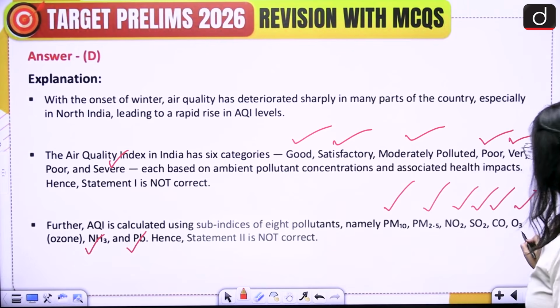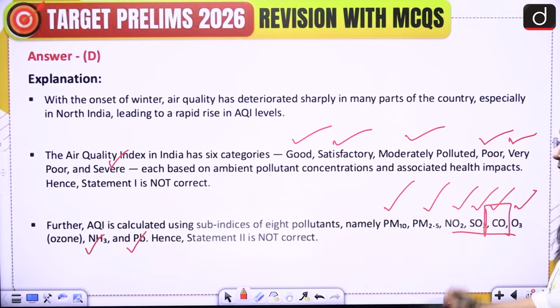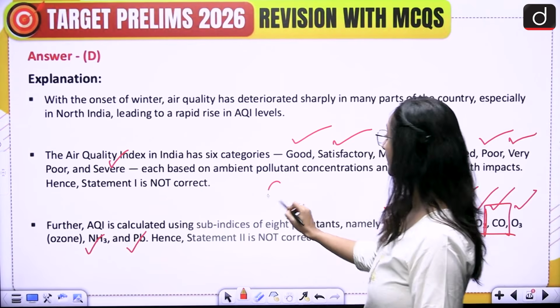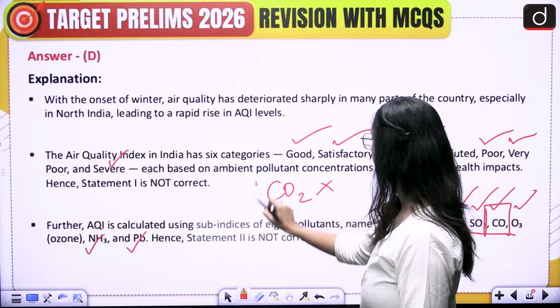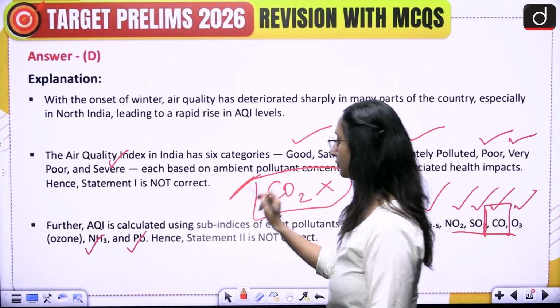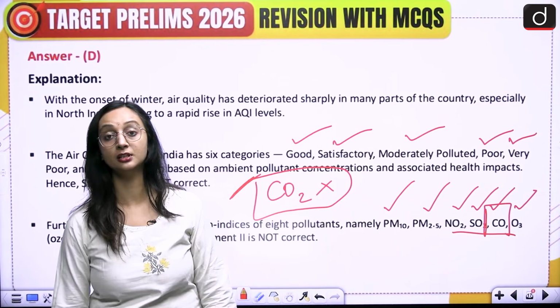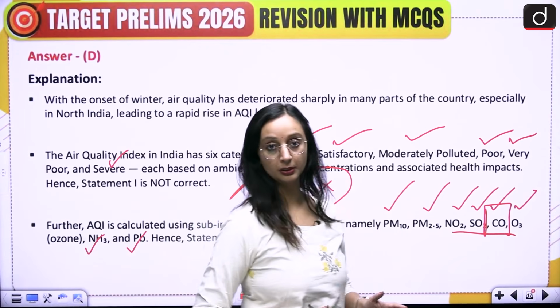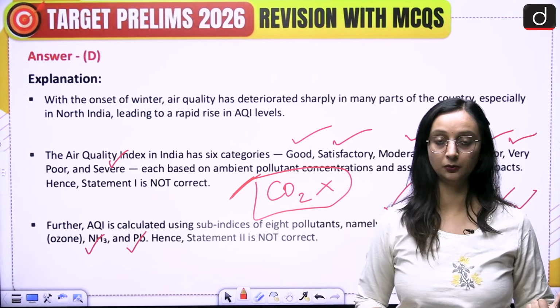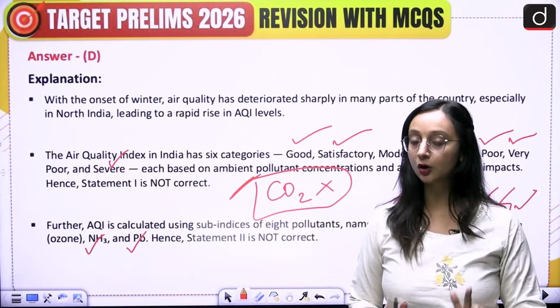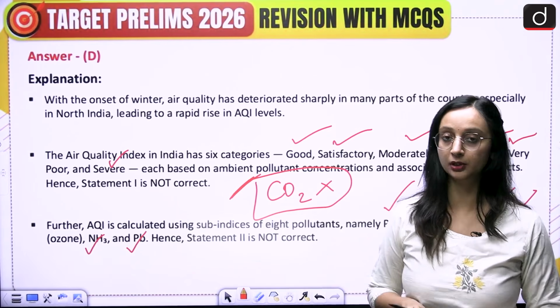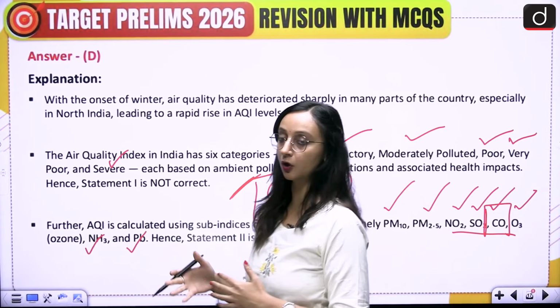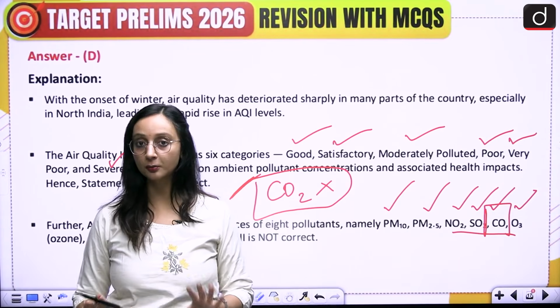Now interestingly, if you see over here, we have carbon monoxide. We don't have carbon dioxide. This can easily confuse you in any of the statements. Carbon dioxide is not a pollutant. Carbon monoxide is a pollutant. Carbon dioxide in normal concentration is not actually a pollutant. It is not going to cause that harm to your lungs. It's under normal concentrations.